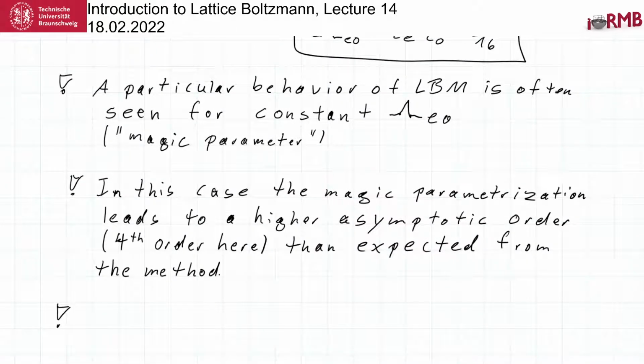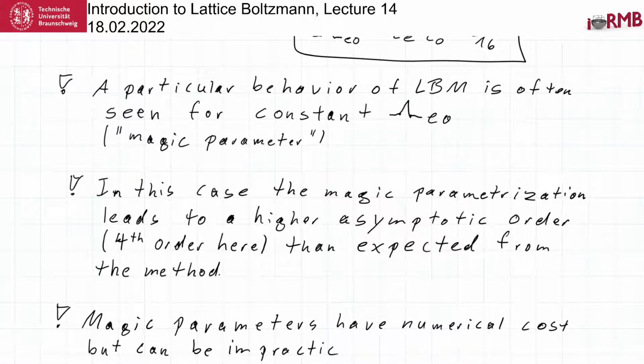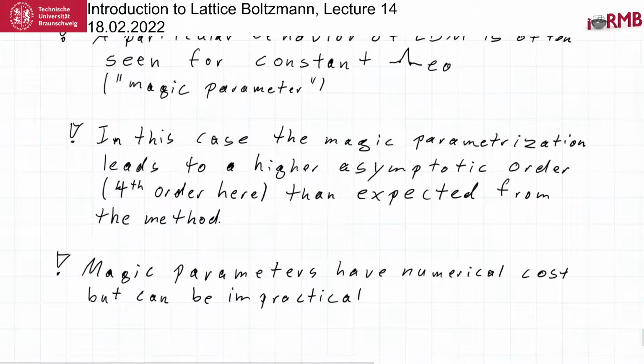And the good thing with this magic parametrization is it comes at zero cost, because there are some parameters which are there anyway. So they have no numerical costs. But unfortunately, they can sometimes be impractical for various reasons.